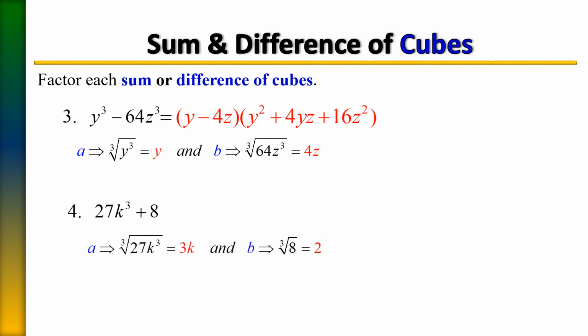And then you're just going to go ahead and plug them into your binomial and trinomial, keeping in mind A, then B, A squared, A and B together, B squared. So if you did that correctly, you should have the following. And there you have a sum and difference of cubes.